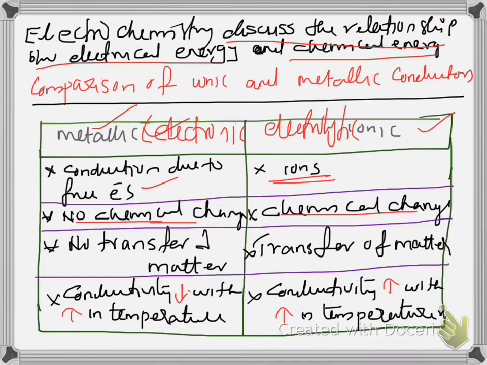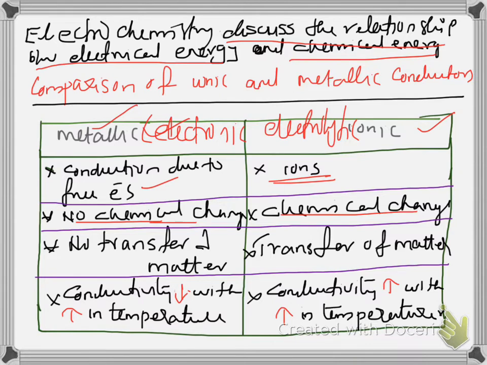For example, when electricity is passed through molten NaCl, the NaCl will split into Na+ and Cl-, and Na+ moves towards the cathode and is deposited as sodium, and Cl- moves towards the anode and is deposited there as chlorine.